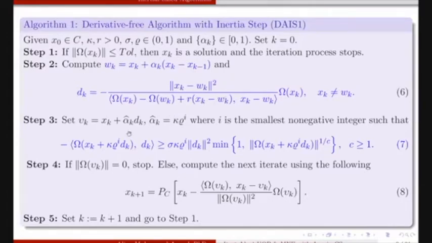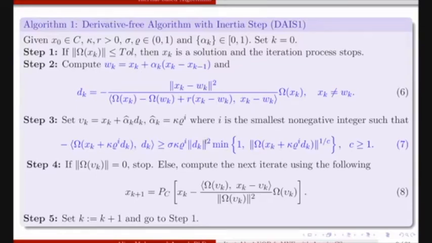This means the search direction is computed using the difference between xk and the inertial point, and the difference between their images also. We follow the procedure until step 5, and we continue like this until the tolerance is satisfied, which is in step 1.